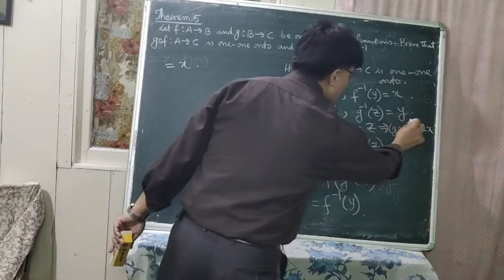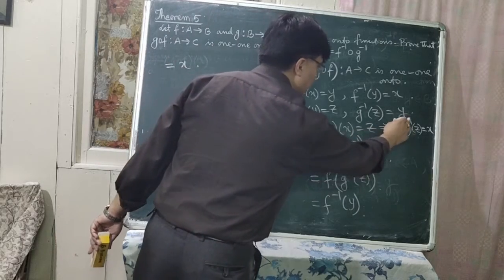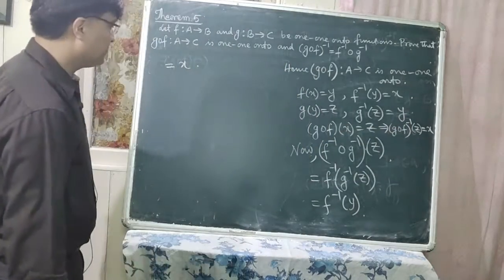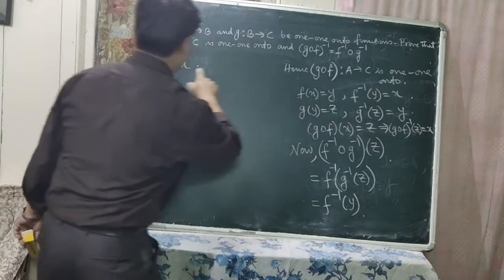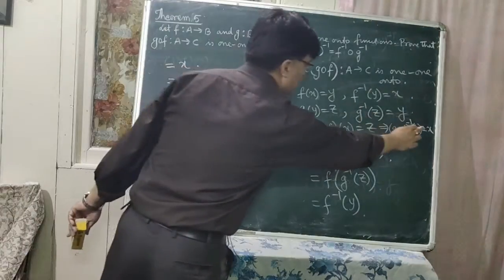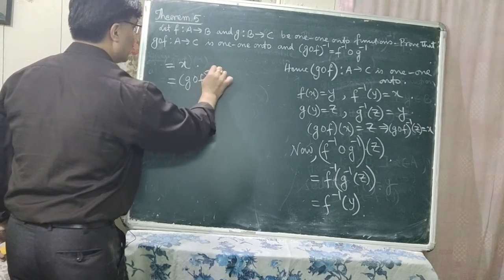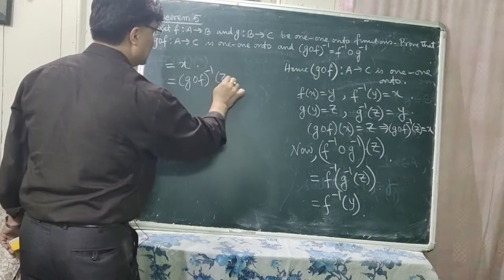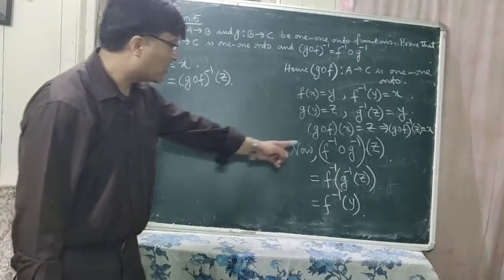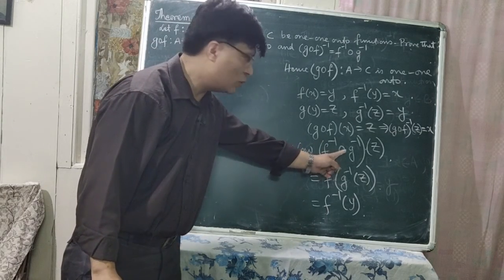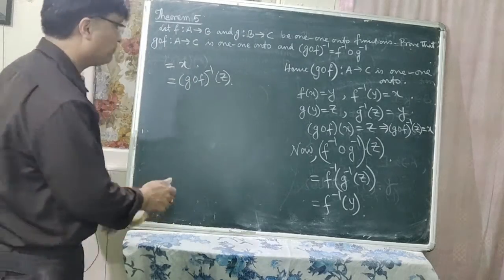Is that understood? So f inverse y came as x. So instead of x, what can we put? (gof) inverse z. So the value is f inverse o g inverse of z is equal to (gof) inverse z.